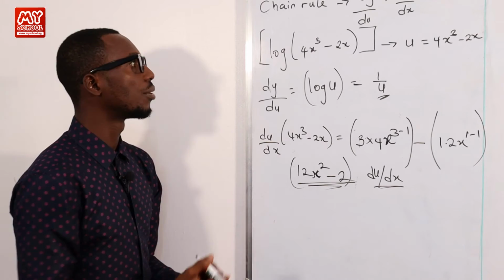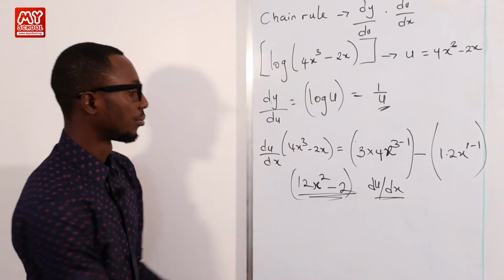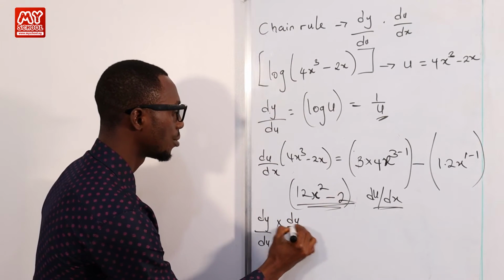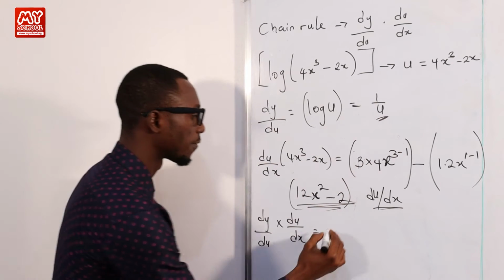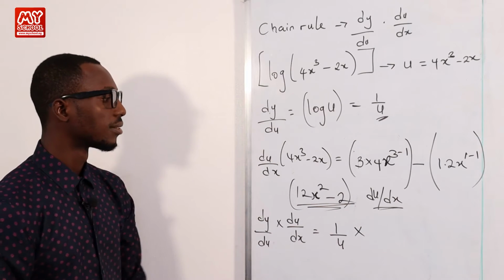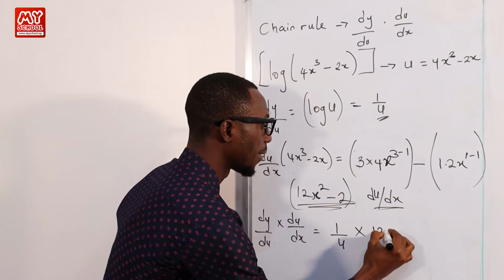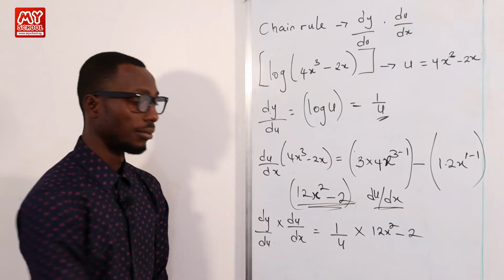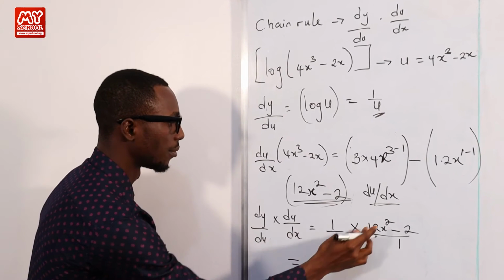So let's go back to our chain rule, which says that dy/du times our du/dx. So we see that our dy/du has a value of 1 over u multiplies the value of our du/dx, 12x squared minus 2. You can put over 1. So what do we have?